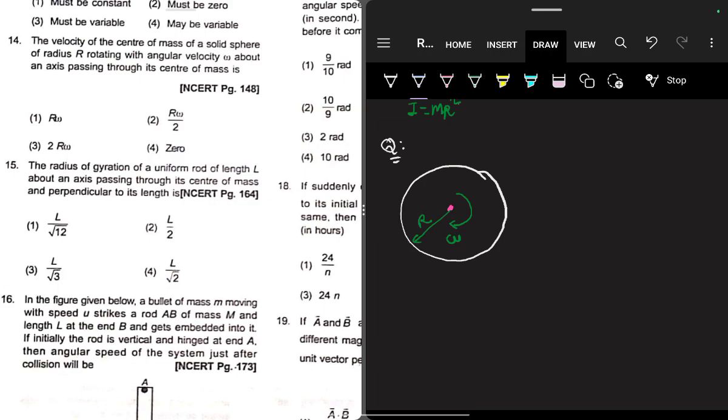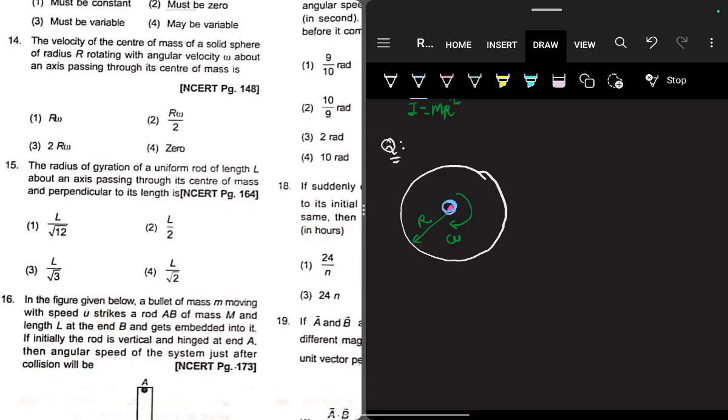Question is the velocity of the center of mass of a solid sphere will be what? This is the question. So here it is only rotating. There is no translation motion, right?